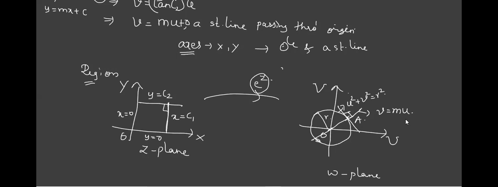So curves may be different, point of intersection may be different, but if the angle is the same, that mapping is called conformal mapping. So this is the transformation we have discussed, so that the orthogonal trajectories in the Z plane will be mapped onto the orthogonal trajectories in the W plane.